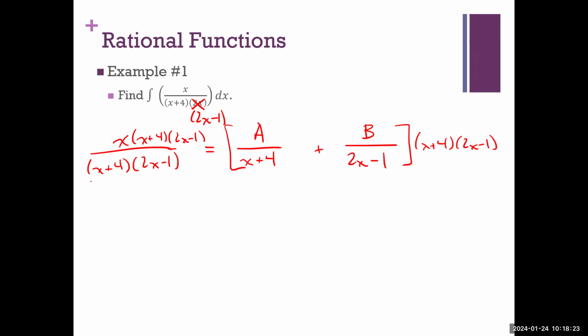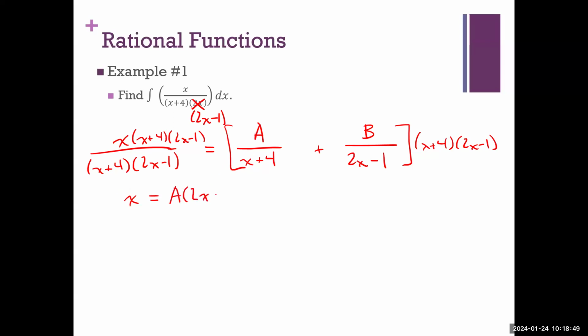And if I do that, what happens to the left-hand side? I don't even think I have the 2x minus 1 on the left, right? So on the left-hand side of the equal sign, that should just be x, right? And what about this term, this A term?